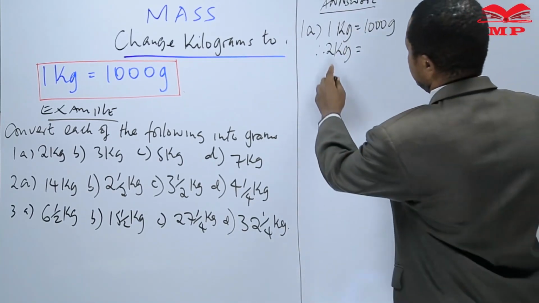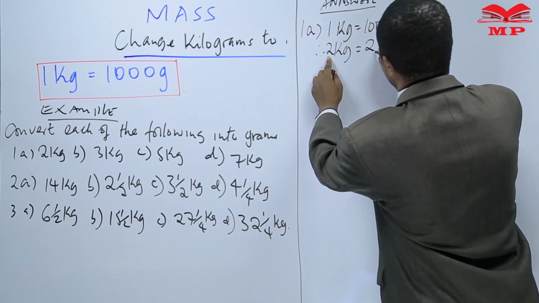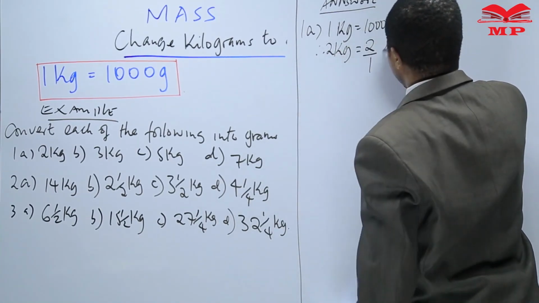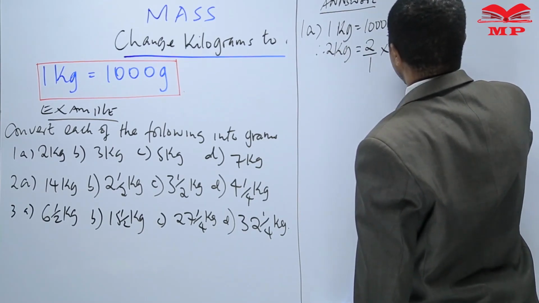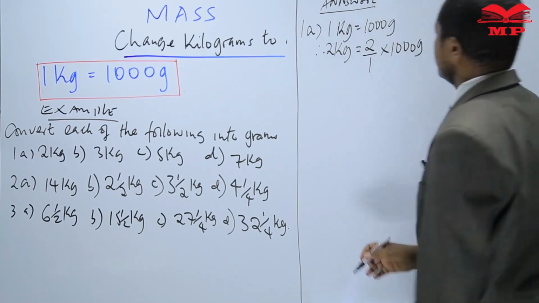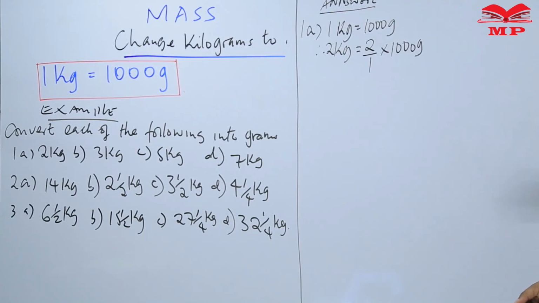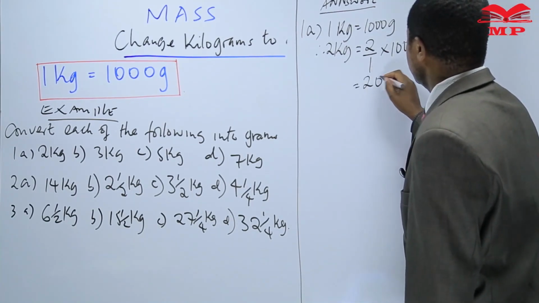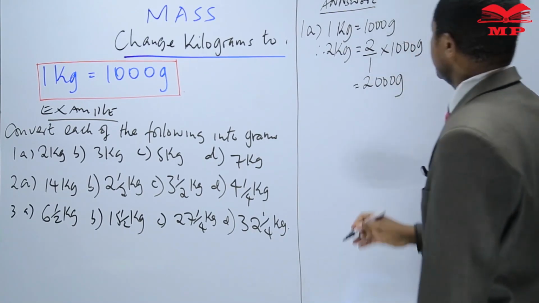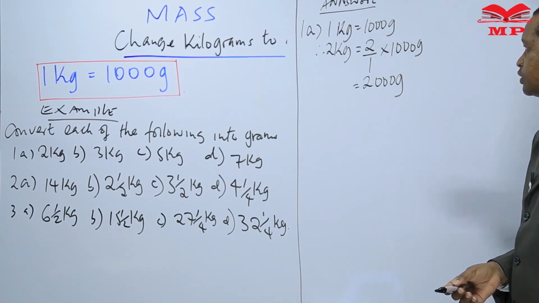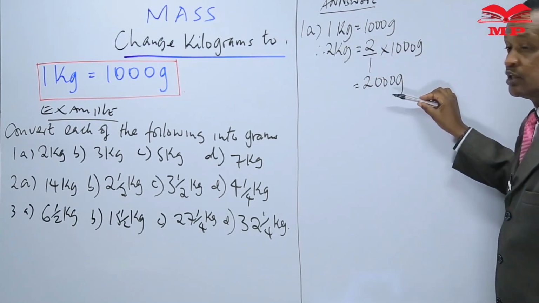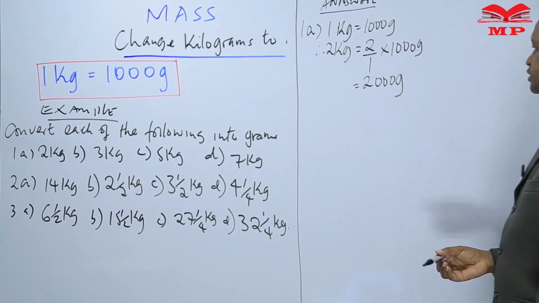So we take 2 over 1, then multiply by 1,000 grams. And this will give us 2,000 grams. So 2 kilograms will be equal to 2,000 grams.